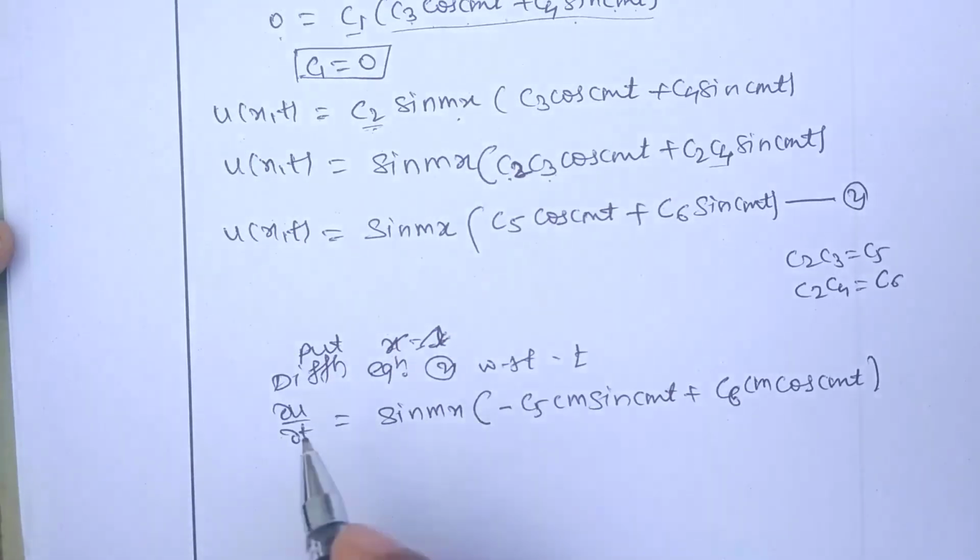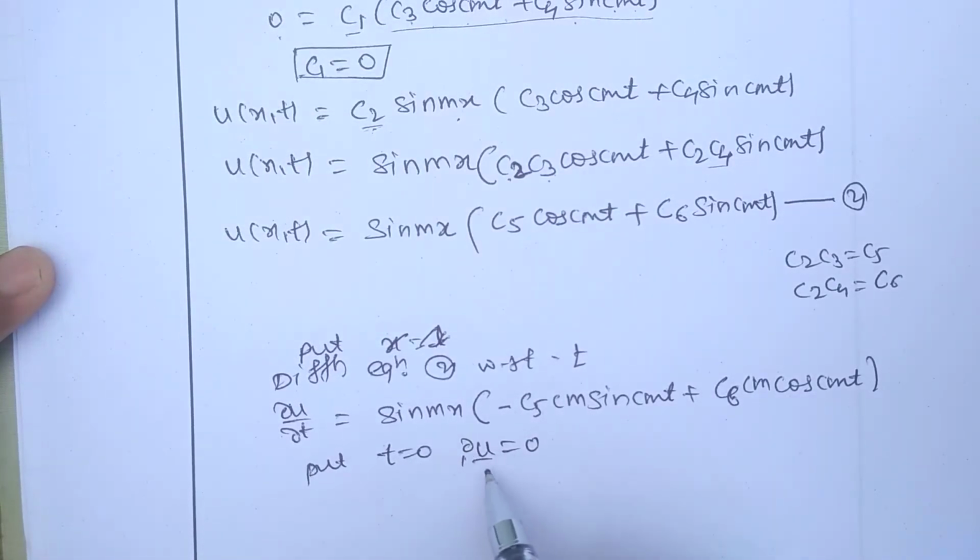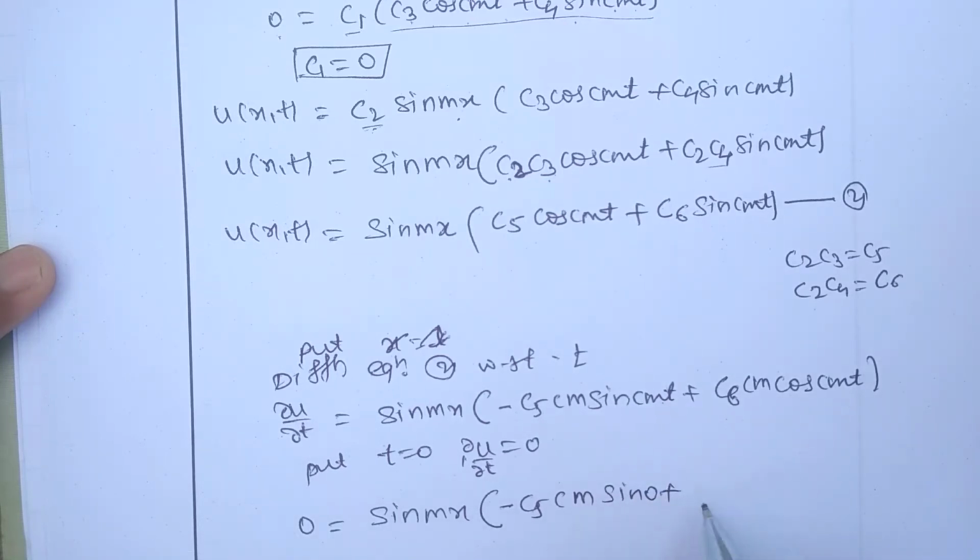Then in that we have to put t equals to 0. Put t equals to 0, we will get the value of ∂u/∂t equals to 0. So see, ∂u/∂t equals 0. This sin mx as it is, t equals 0, you will get c5 into c into m sin 0 plus c6 cm cos 0.